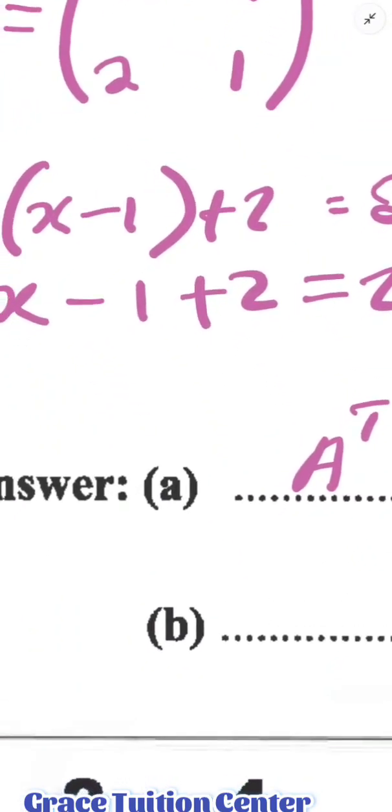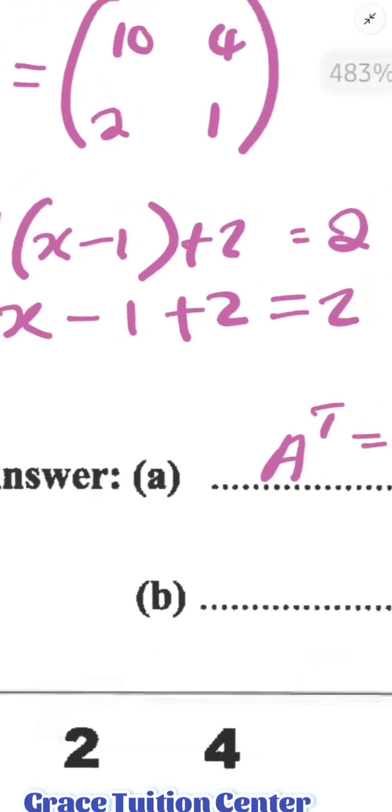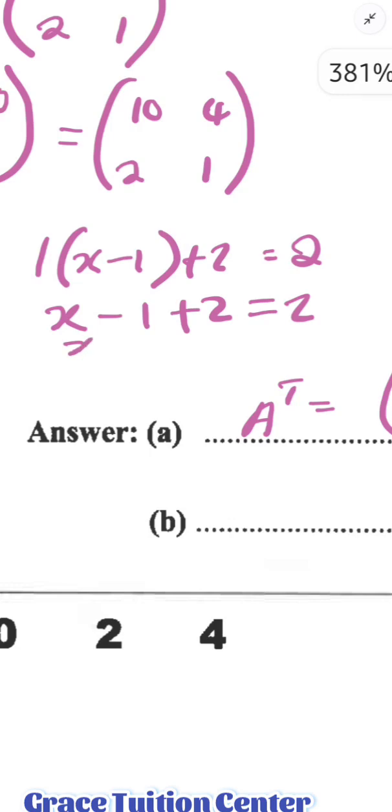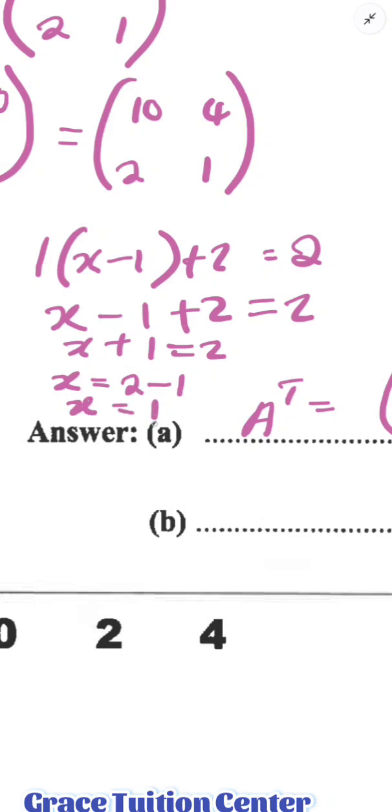You can clearly see that if I simplify this, negative 1 plus 2, I will have x. Negative 1 plus 2 is just plus 1 is equals to 2. So you have x is equals to 2. I move this plus 1 to the other side, it becomes minus 1, meaning that x is equals to 2 minus 1, which is 1.